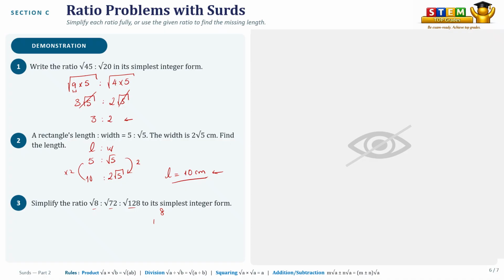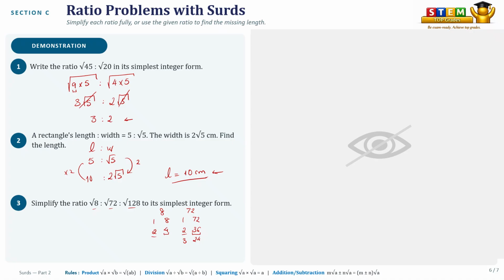8 is 1 times 8, 2 times 4. Here's a big square number. And then hopefully we're going to get the same number for all the others. Let's see. So 72, that's 2 times 36, and 36 is already our biggest square number, and we've got 2 here as well.